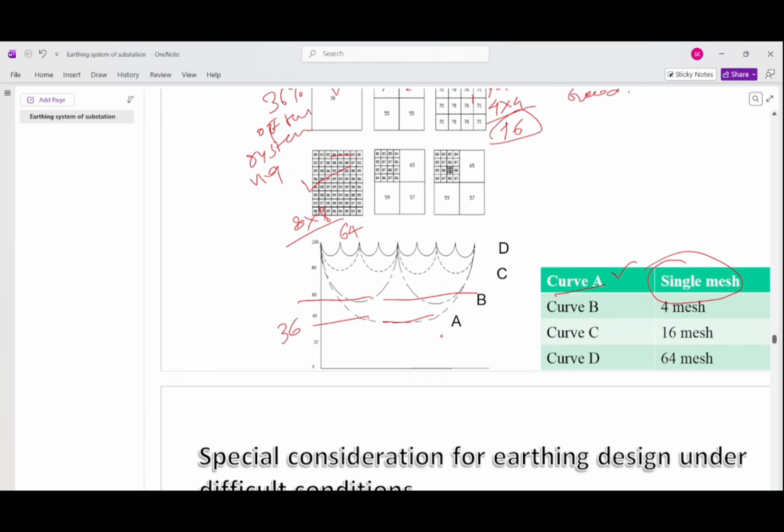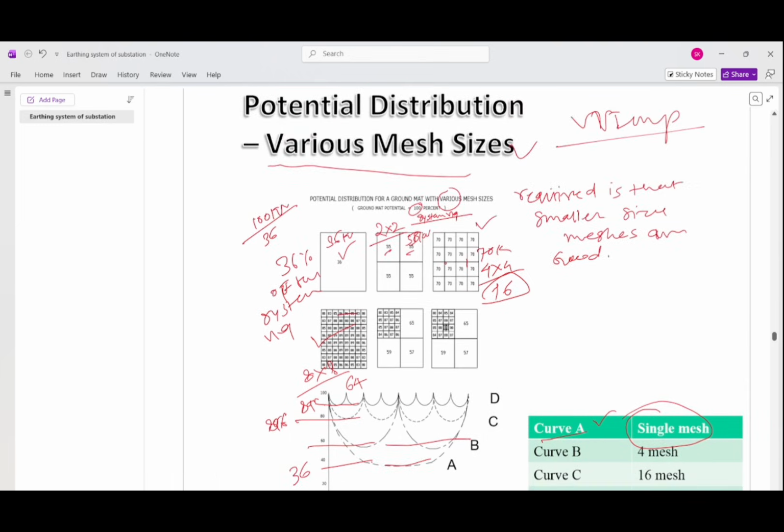Now 16 meshes are provided, 80% voltage is appearing. Now 64 meshes are provided in D curve, where up to 89% of the voltage appears across the ground mat potential.